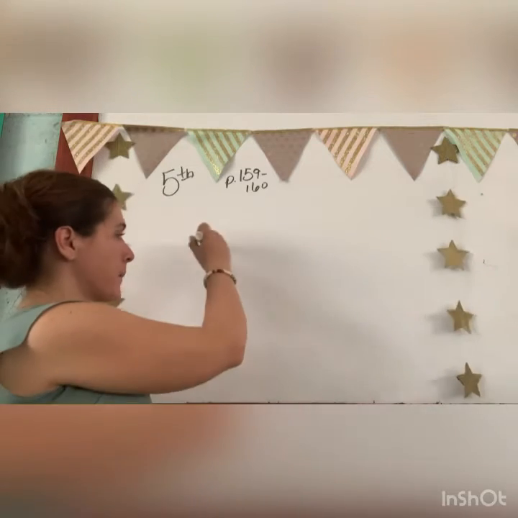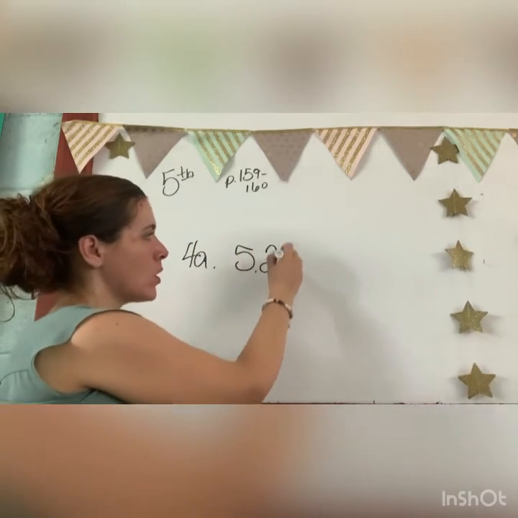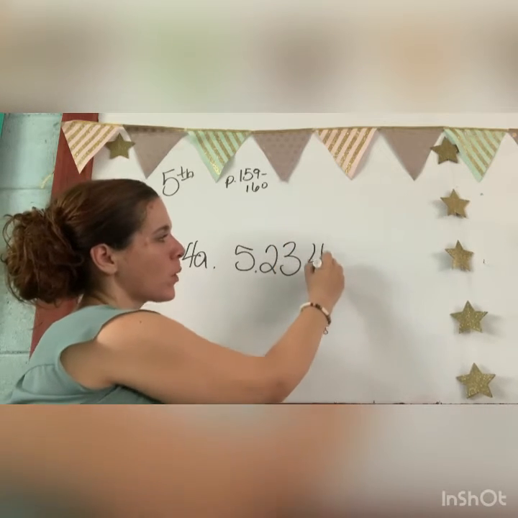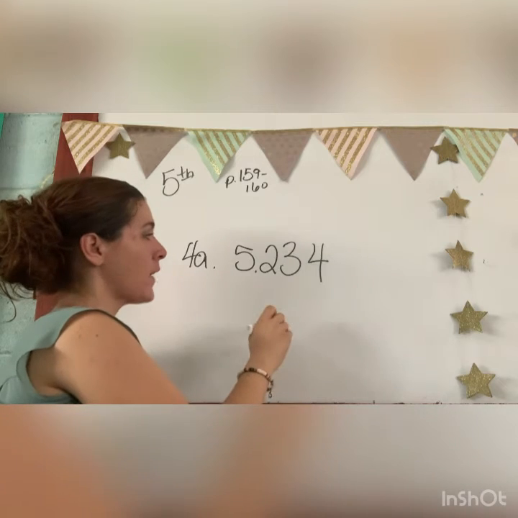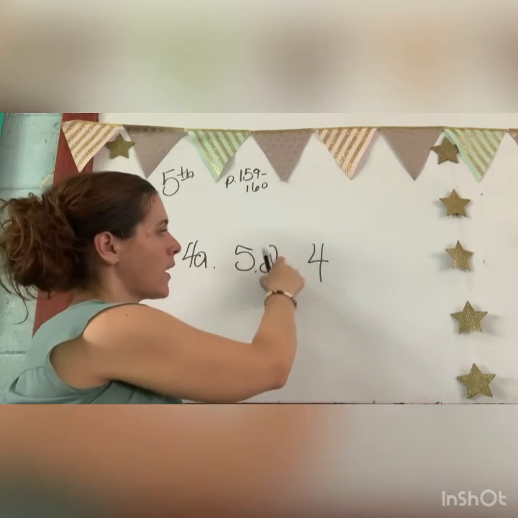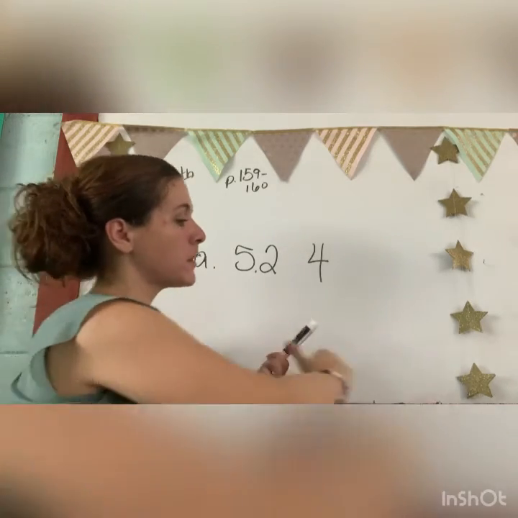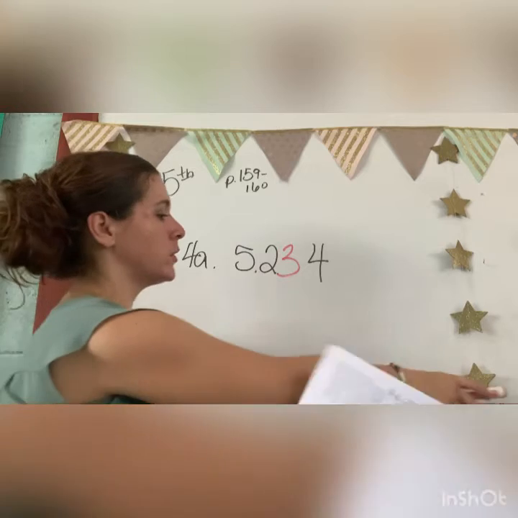Look at letter A. 5.234. We're looking for the red number. Okay, the value of the red number, so what do we do? Your red number was 3. Let's put it in red so we see that. Our red number is 3. What place is that in? Well, remember what we do.